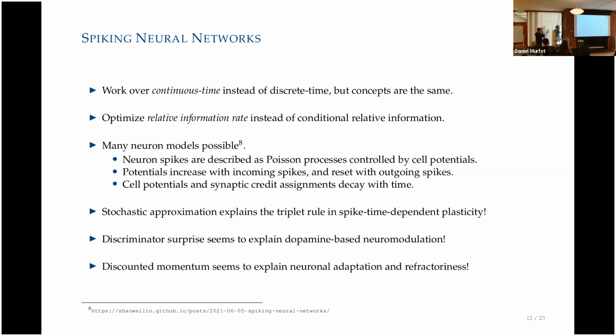Spikes from a long time ago shouldn't have a big influence on the weight update, so you need some kind of credit assignment that decays with time. I can go into details about that if you are interested, but this is quite important for stability. Other than that, everything is free. You can change your models around, and you can talk about how the potentials increase and so on. But these, I think, are the three most important things about getting spiking networks to work.